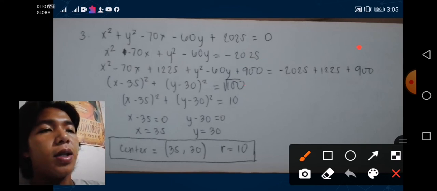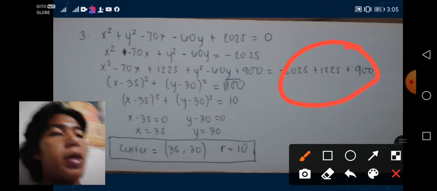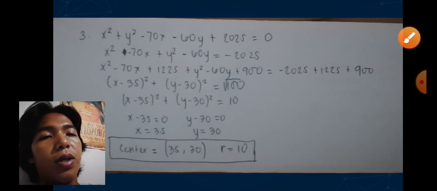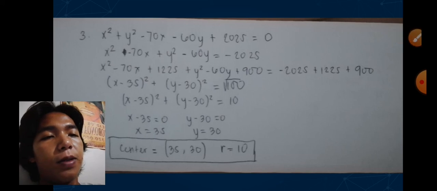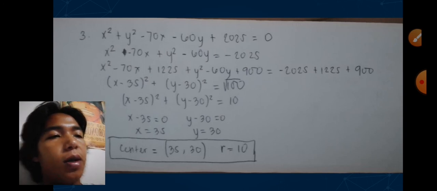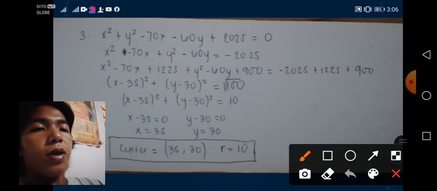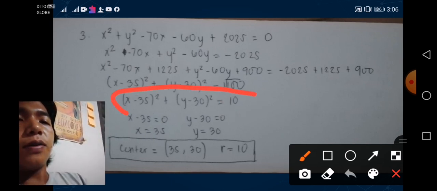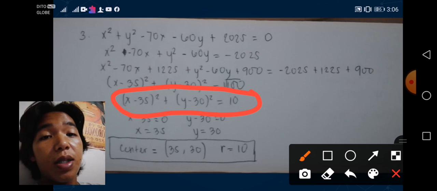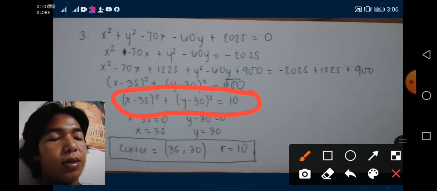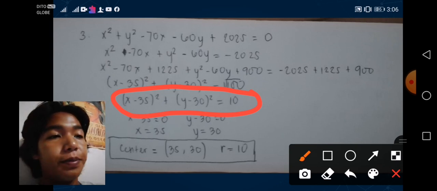So how do we get the 100? Negative 2025 plus 1225 plus 900 equals 100. So in the rule, we need to square the radius. So the square root of 100 is equal to 10. So this is our final answer. This is the standard equation of the circle, standard form.